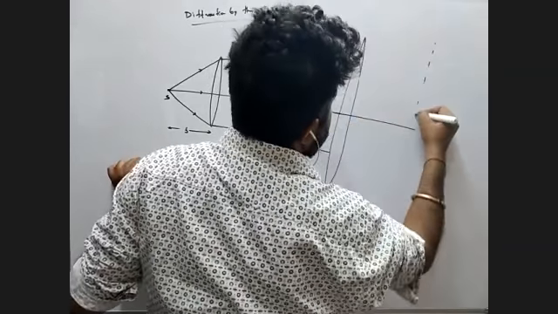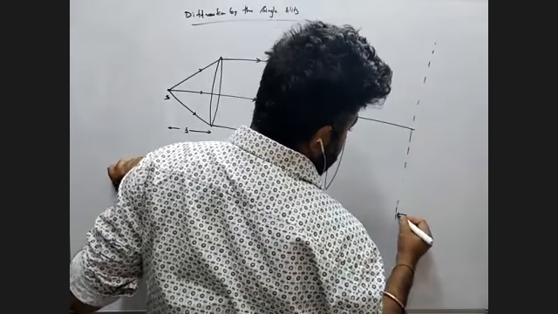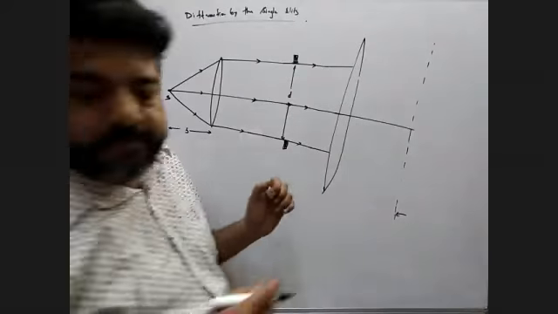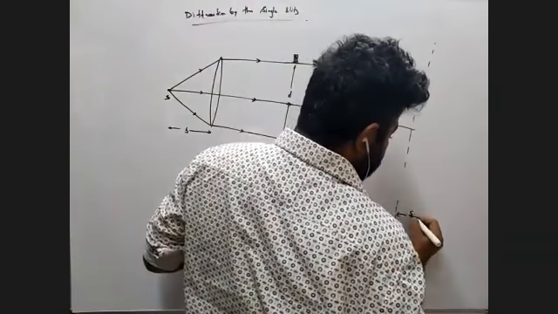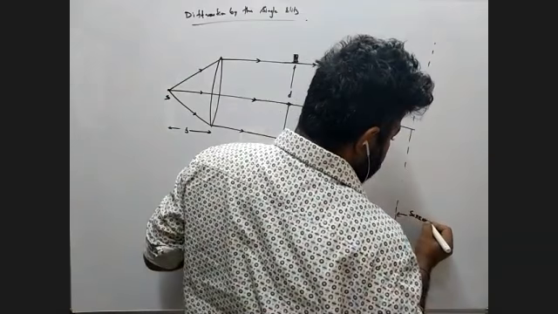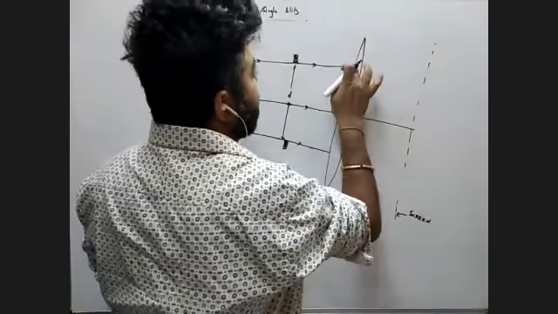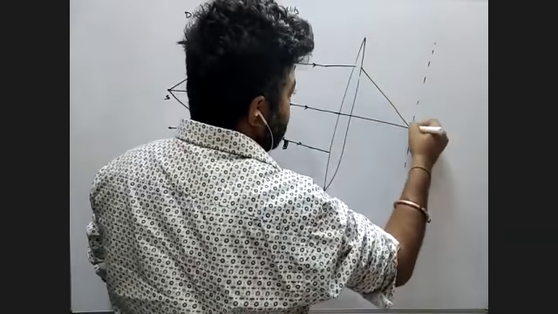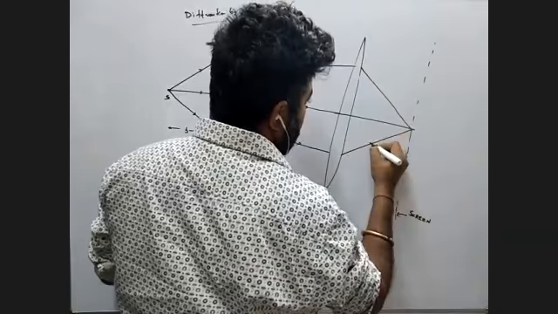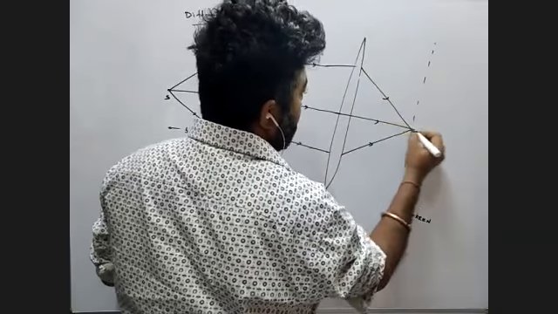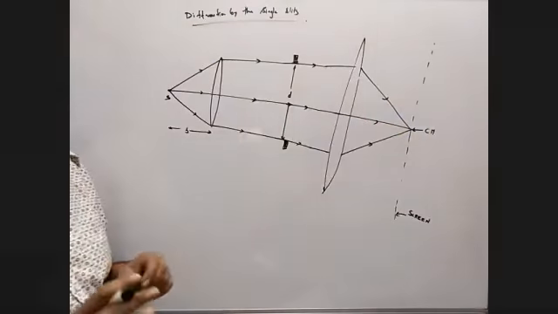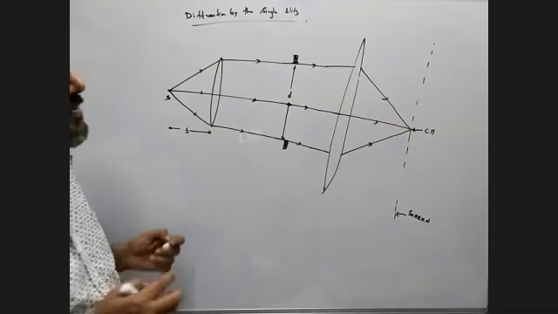If this one is your screen, this ray is focused at the screen. So this is the central maxima. I hope you understand that point is the central maxima.